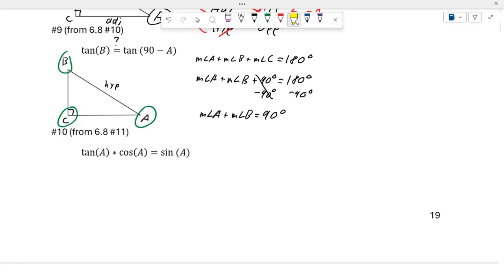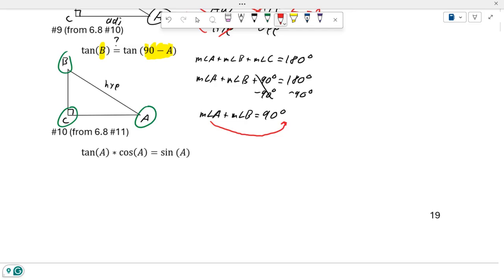Well, notice that in this problem, we've got B and then we've got 90 minus A, right? So if we could maybe compare those things. If I take a look at my equation right now, I can see that if I bring A over to the right-hand side, I'm going to get something that looks similar to the things we're talking about here.